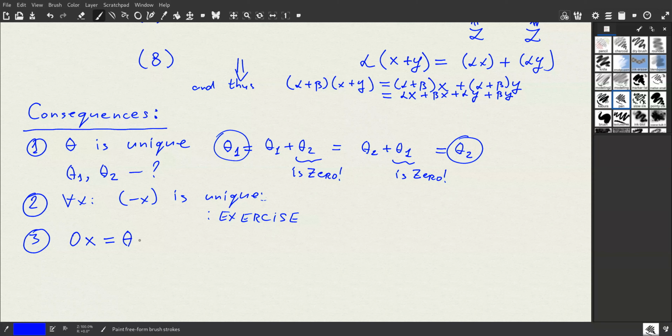Yes. Interestingly enough, this is not an axiom. This can be proved that 0x is theta. Let us try to prove this.